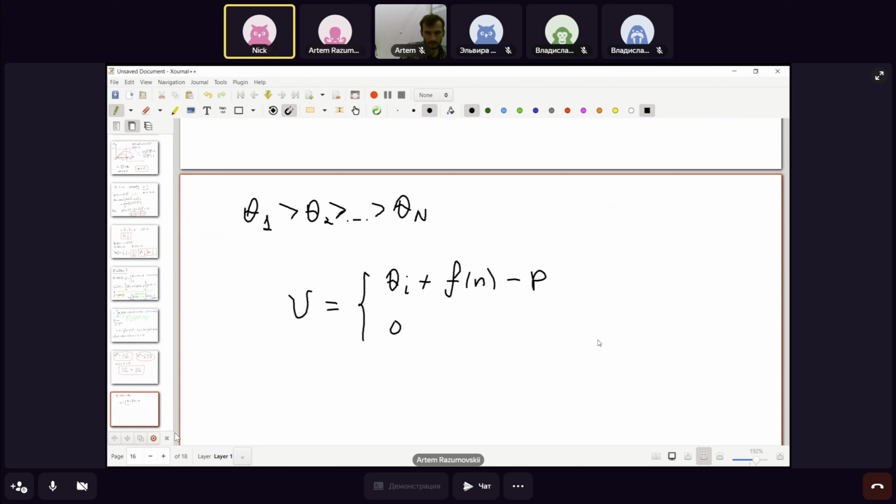We have finished the first problem, so it's the second. So we have price, we have network effect function f(n), which is not specified here yet.